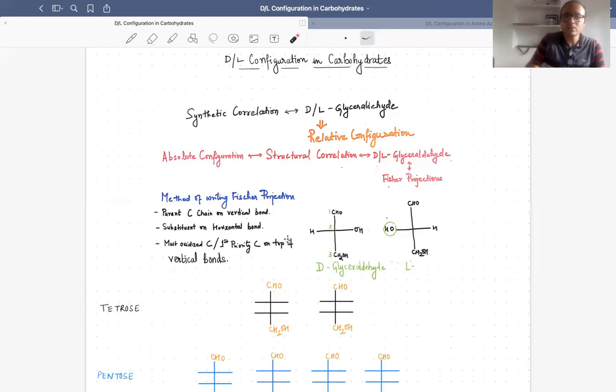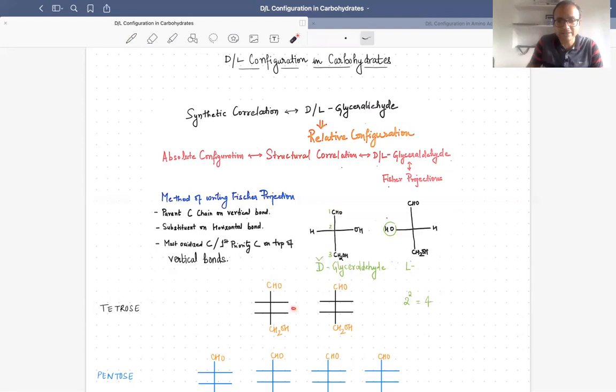Now, a basic stereochemistry. Since we have two chiral centers present, how many stereoisomers do you expect? You expect 4 stereoisomers. Two of them I'm going to draw here.